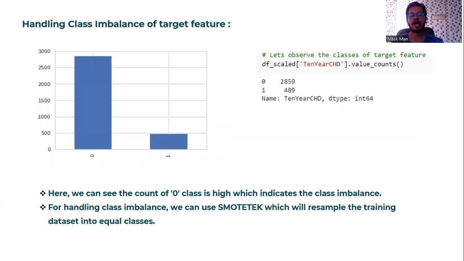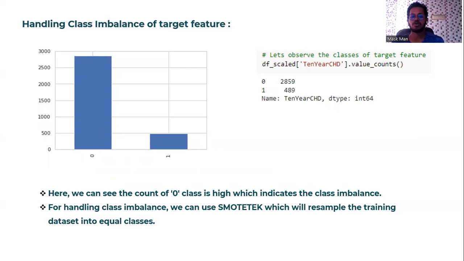Another step is handling class imbalance of the target feature. Here we can observe that 10 years CHD is our dependent variable, that is our target feature. And we can see it contains two values, 0 and 1. 0 means the person has no risk, and 1 means the person has a risk.